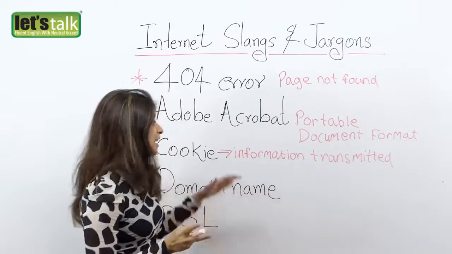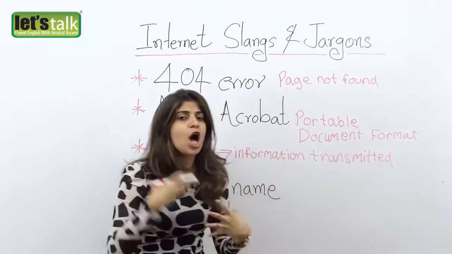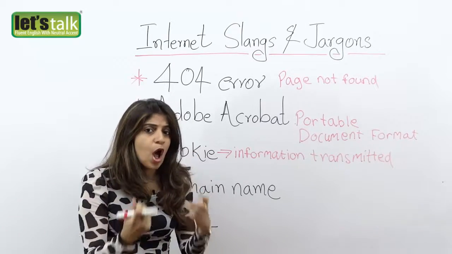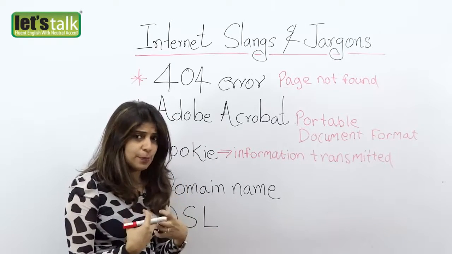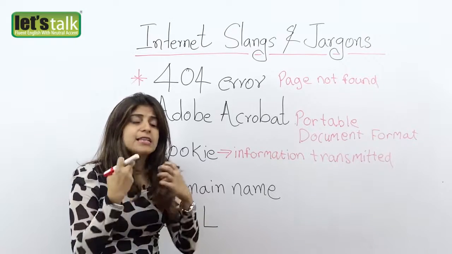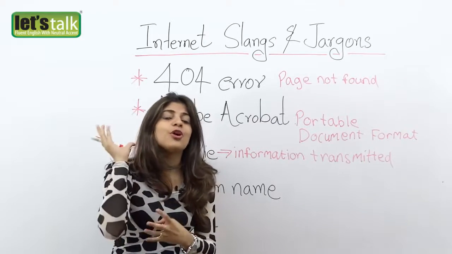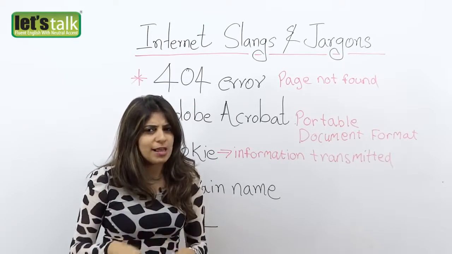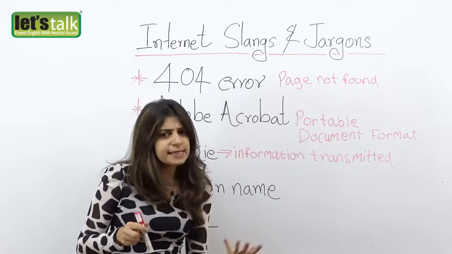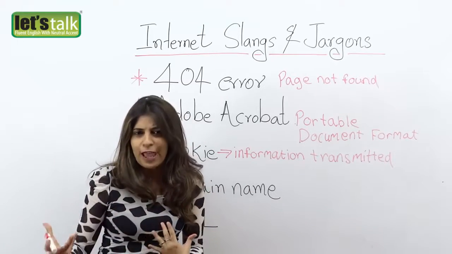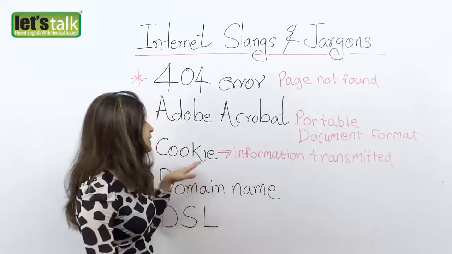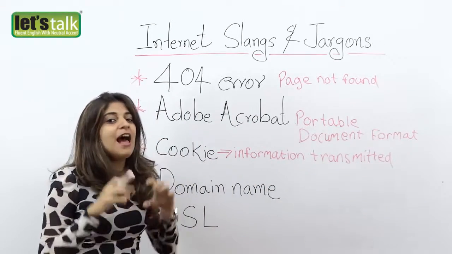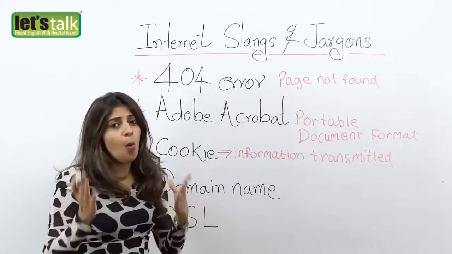So, for example, if you are visiting a website, your stored information in your computer or in your browser is automatically transmitted to your server. Okay, so that's what a cookie is. And I would always suggest, if you are using someone else's computer or you are in a cyber cafe, make sure you always delete the cookies. Basically it deletes the information and it deletes the history also.